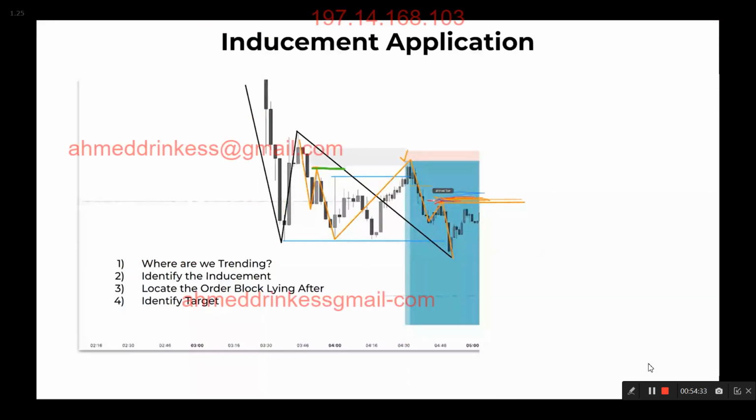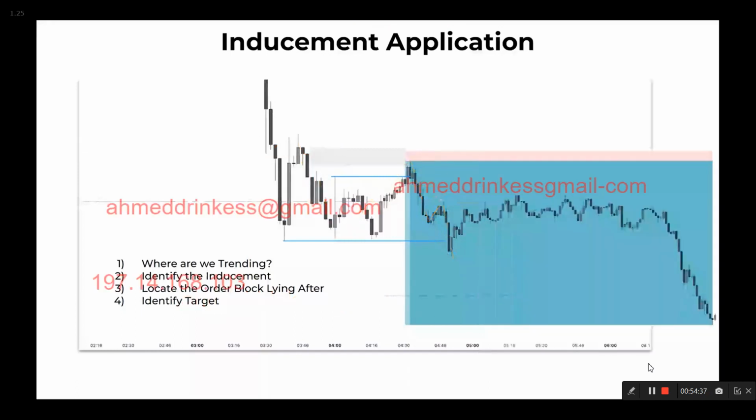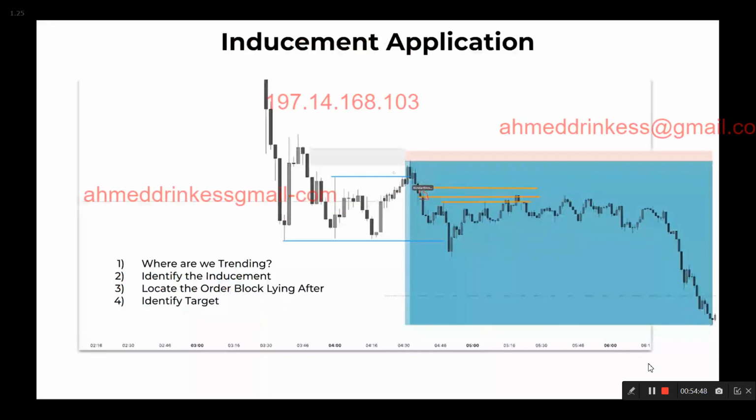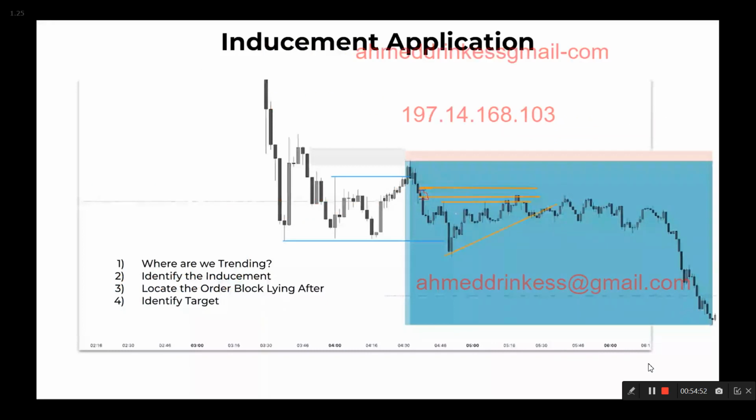Everyone be looking to sell above this high or this one. So now if that's the inducement, where's the order block? Right here. And that's it. And how do you know it's this one versus the other? Well, there's a minor sweep, but also over here, this is lying just before, right? It's just lying just before.